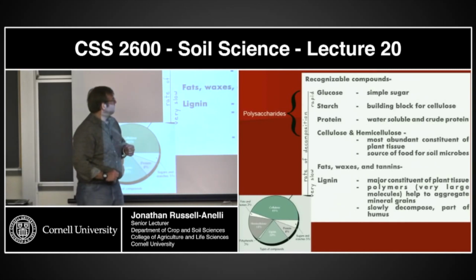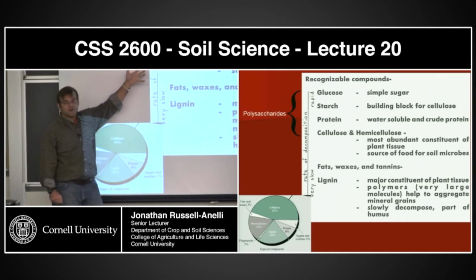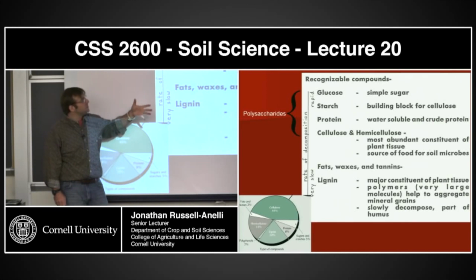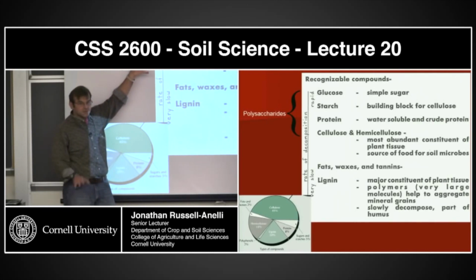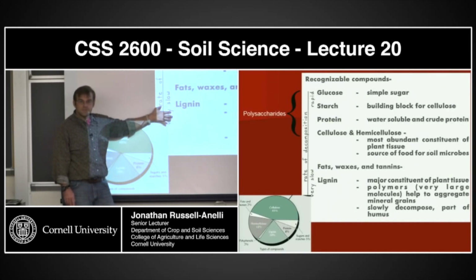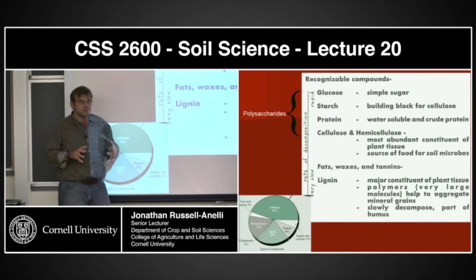Remember this slide? In general, we think of glucoses as simple sugars that are easy to decompose, and the lignins as very complex molecules that are very hard to decompose.